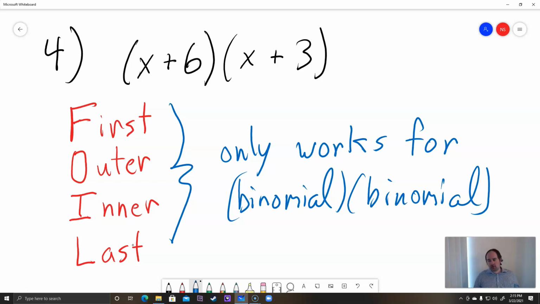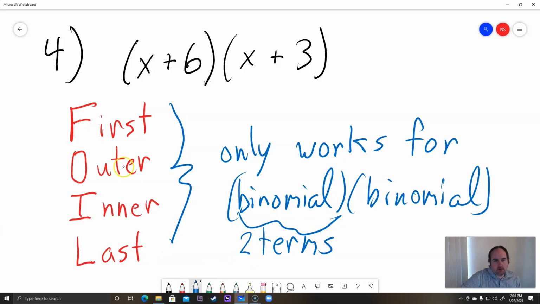It won't work for a binomial times a trinomial. It won't work for a monomial times a quadrinomial. It won't work for any of the other ones. But it is a shortcut, and it's faster for a binomial times a binomial. And that means 2 terms. So binomial means 2 terms. So 2 terms times 2 terms.